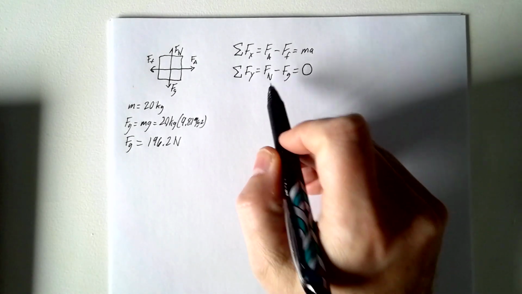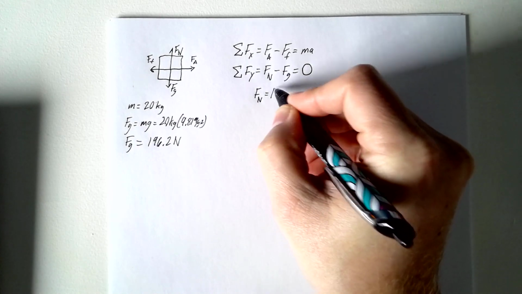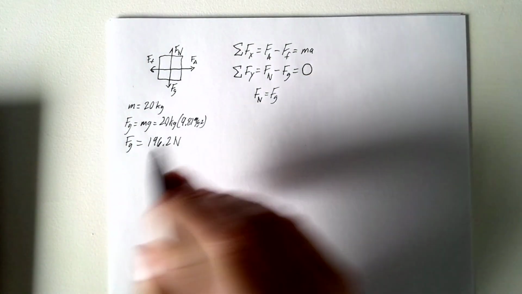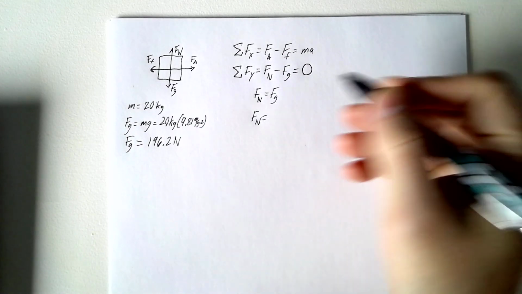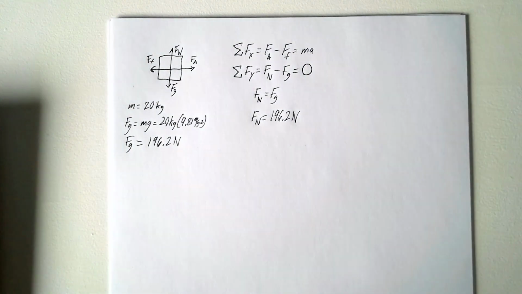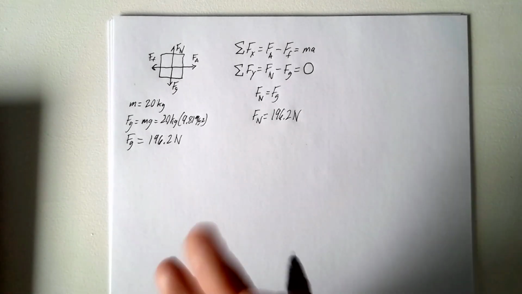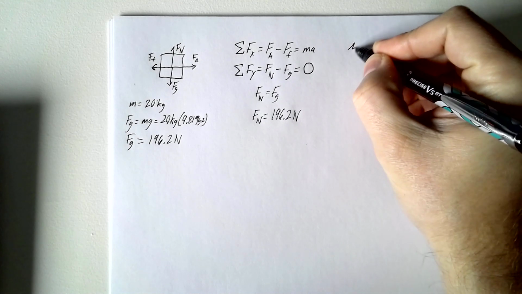So from this equation here, we can make the statement Fn equals Fg. So we already know our Fg, so we know our Fn here is 196.2 newtons as well.